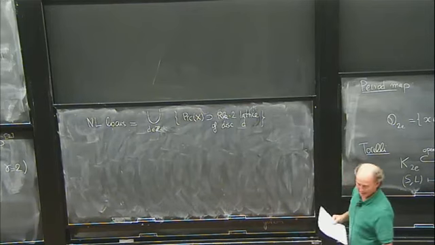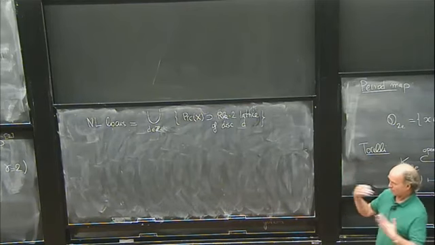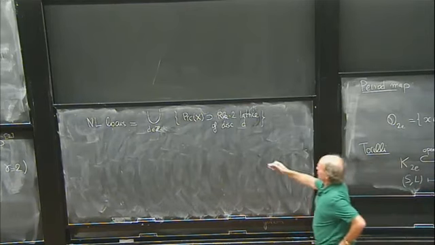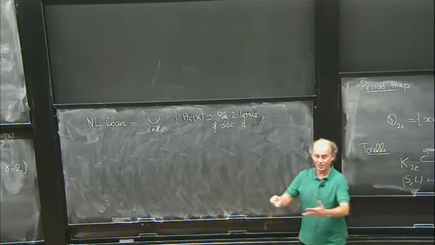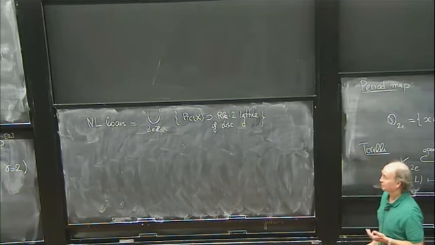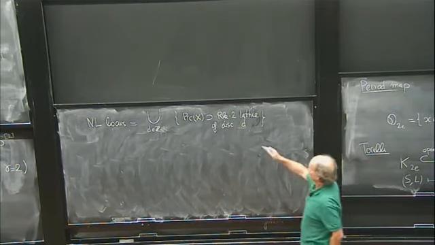The nice thing about the Torelli theorem is that this is a property that you can translate in the period domain, because this is something that you can read on the period.